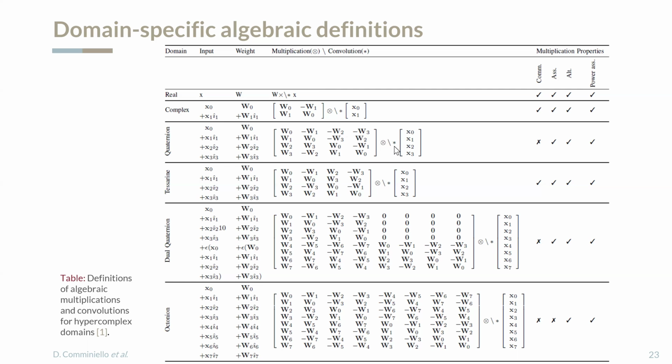So this is the reason why we have this matrix composed in this way, because we are losing commutativity, and also here we lose associativity, and so we have a larger matrix here.